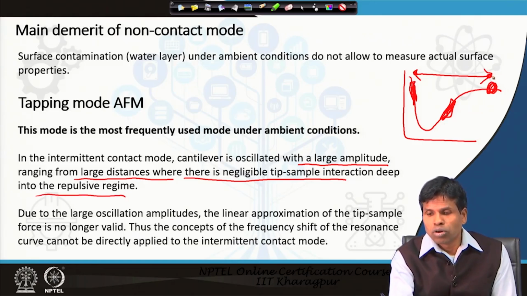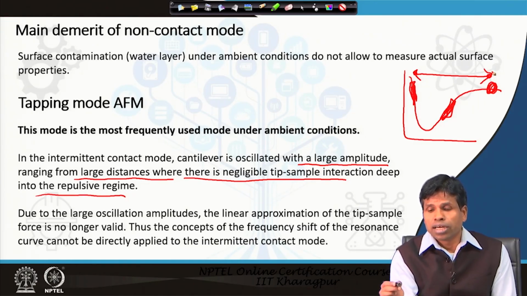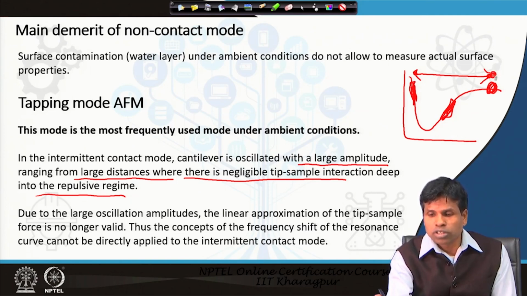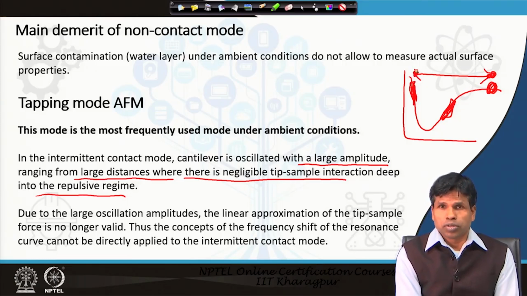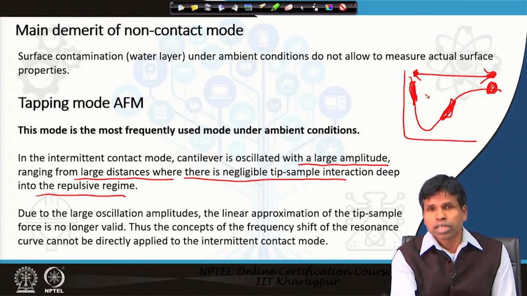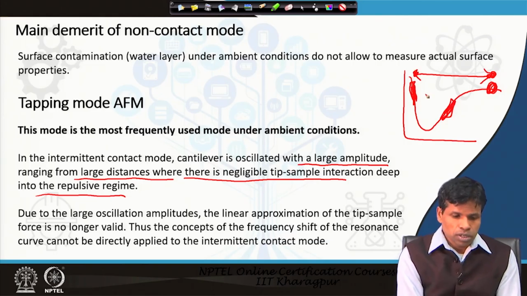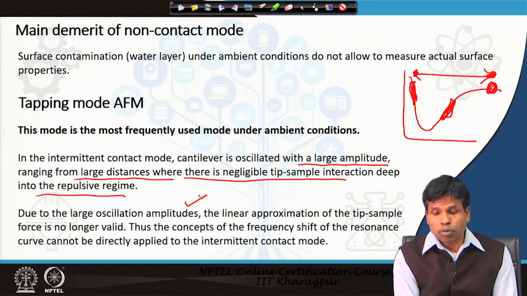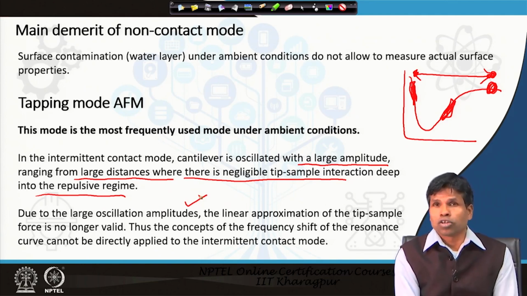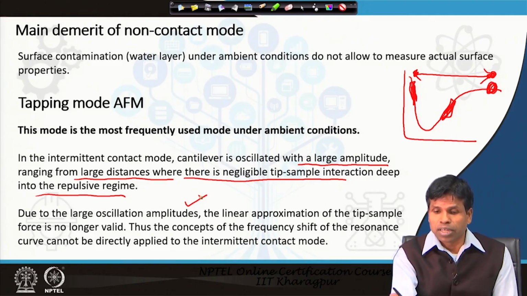So, the tip has to be oscillated from the region where there is no force between the tip and sample to where there is a repulsive force between tip and sample. So, it has to be oscillated with a very large amplitude. Due to the large oscillation amplitude, the linear approximation of the tip-sample force is no longer valid, especially when the tip comes close to the repulsive region.